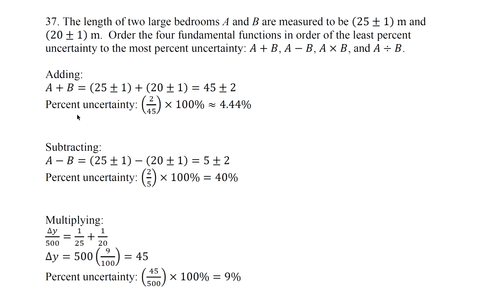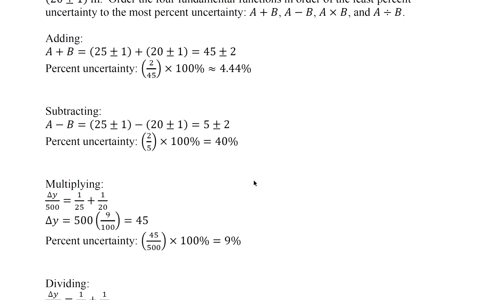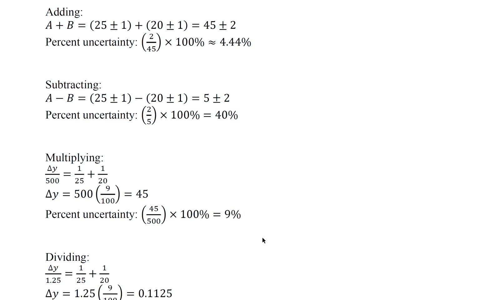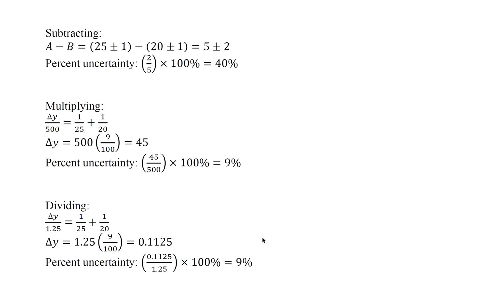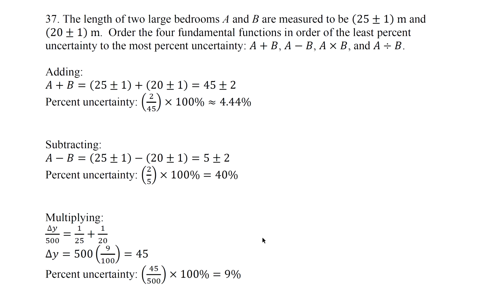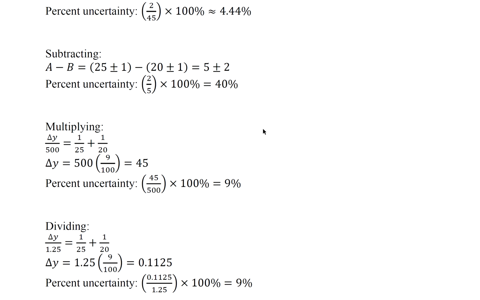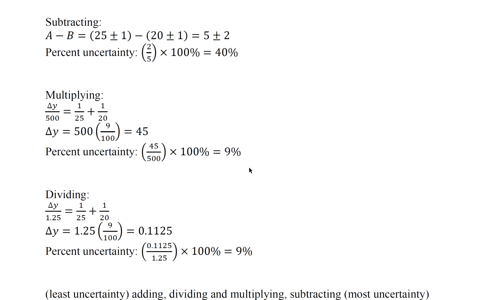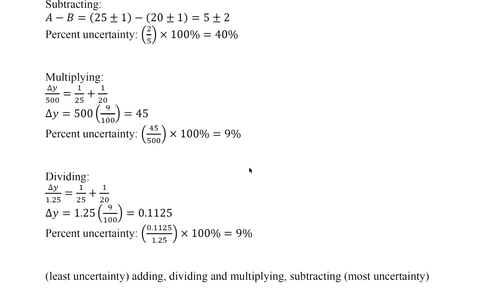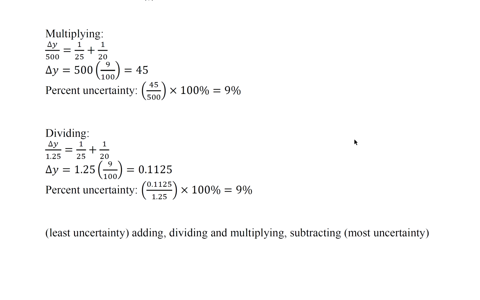You notice for a plus b, our percent uncertainty is 4.44%. When subtracting, percent uncertainty is 40%. When multiplying, percent uncertainty is 9%, and dividing, percent uncertainty once again is 9%. So the problem tells us to order from least percent uncertainty to most. The least uncertainty is adding, then multiplying and dividing are equal, and then finally subtracting gives us the most uncertainty.